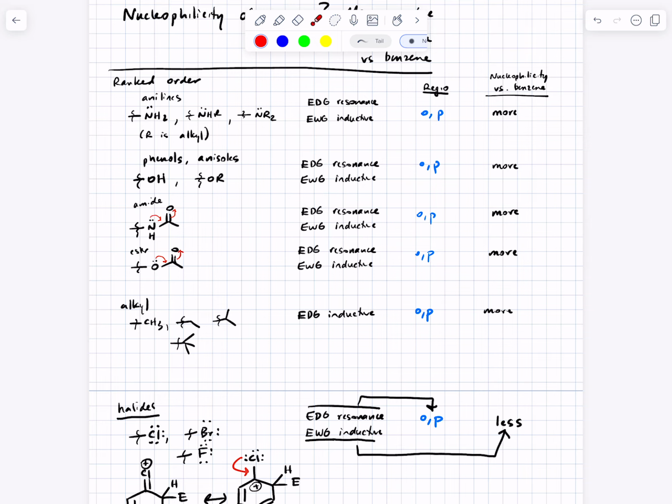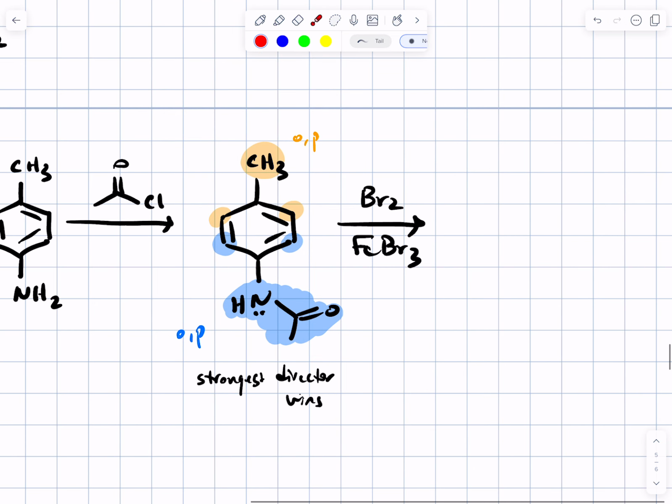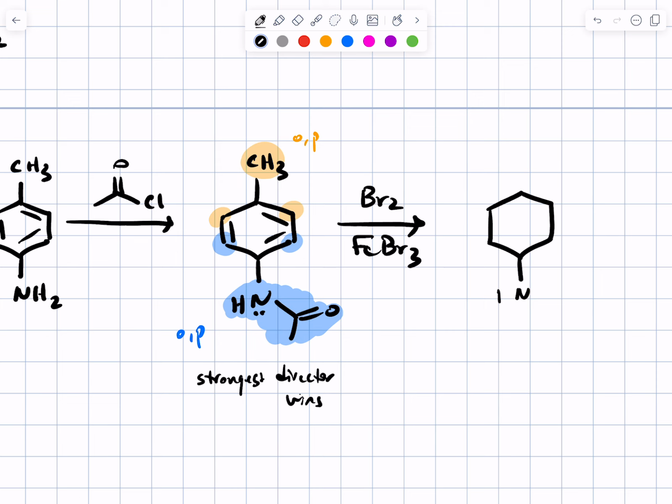And therefore, we would predict the bromo group to go on the carbon that is ortho to the nitrogen and not on the carbon that's ortho to the methyl group. Right, so that idea is strongest activating group wins.